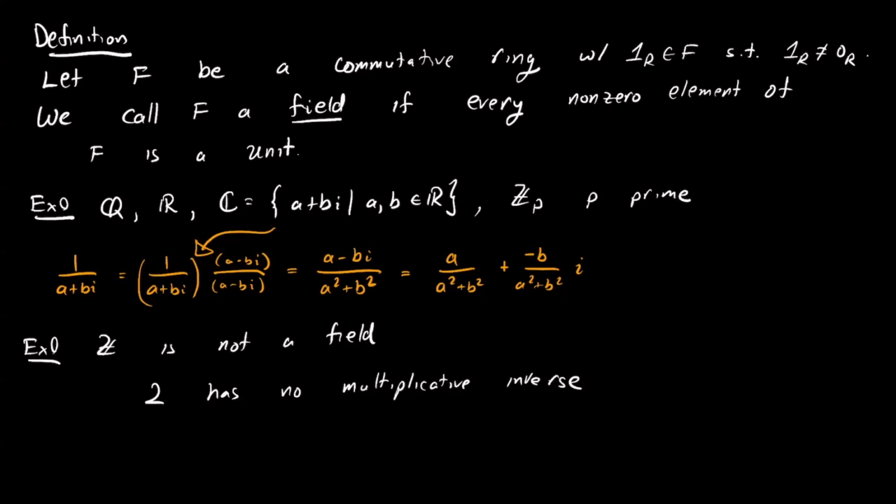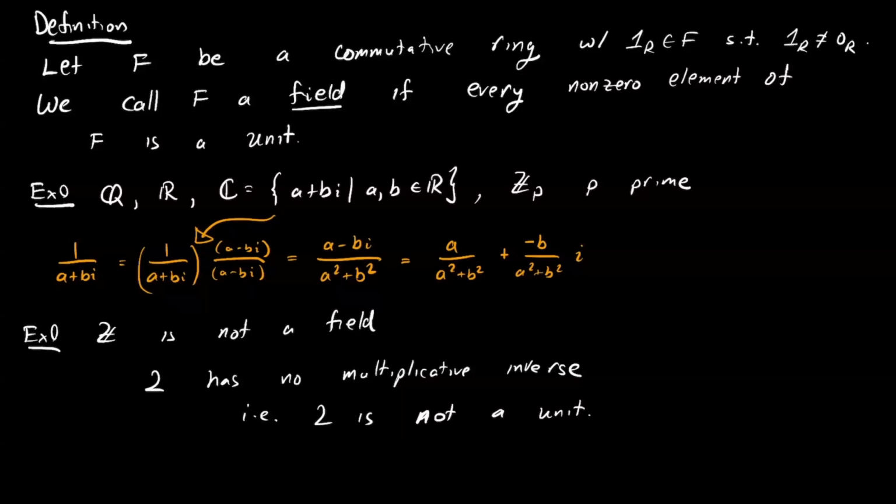So 2 has no multiplicative inverse, or in other words, 2 is not a unit. Okay, so this is an example of something that's not a field. We also saw earlier that Z mod 6 was not a field because 2 had no multiplicative inverse in Z mod 6, or 2 was not a unit in Z mod 6. Okay, so we'll stop here, and in the next video we'll discuss properties that rings satisfy.